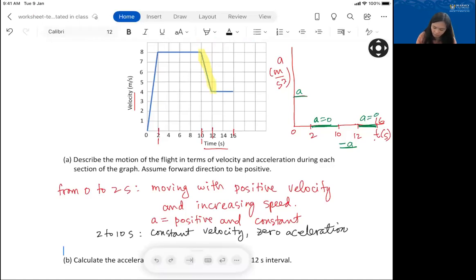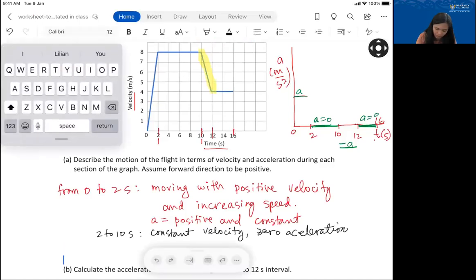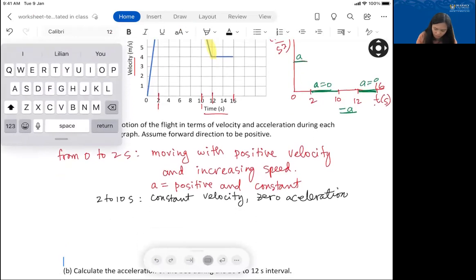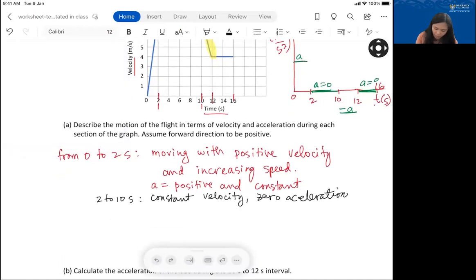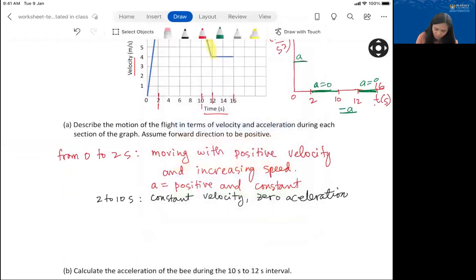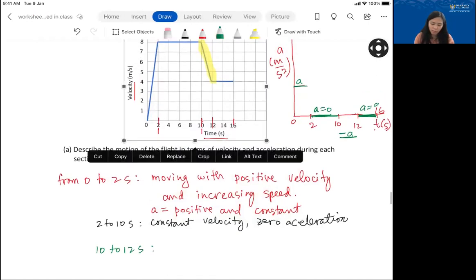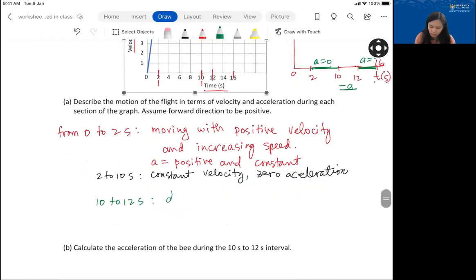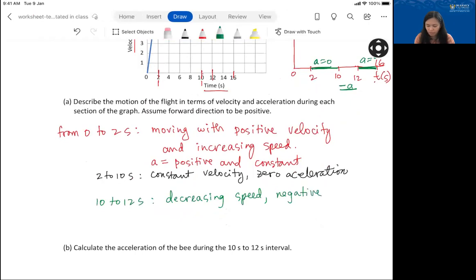Right. Let me just have some more space. Okay. And then for 10 to 12 seconds, you have a decreasing speed. Okay, you have velocity, the line is going down. So you have decreasing speed and negative acceleration.